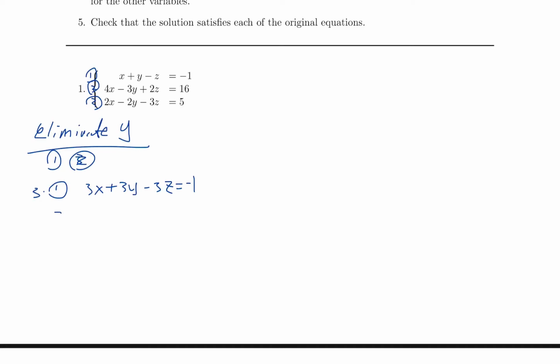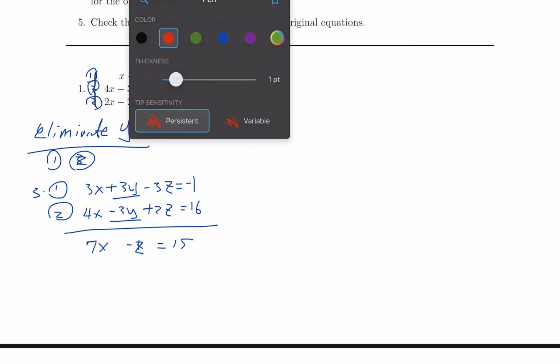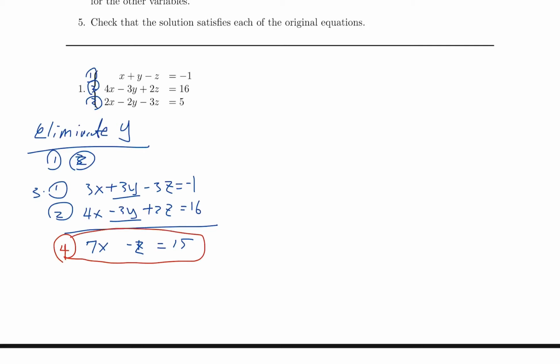And the second equation, we can just write as it is, equals 16. And we add across. Because we're eliminating y, it should be gone. As you can see, 3 plus negative 3 gives us 0. So we get 7x minus z equals 15. Let's label this as the fourth equation. We just came up with a new fourth equation. So let's keep that aside.